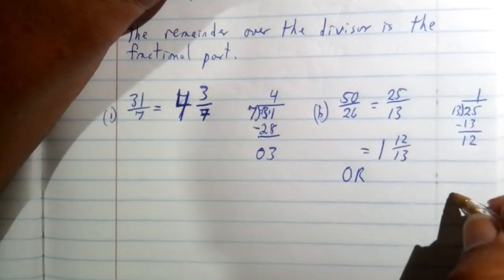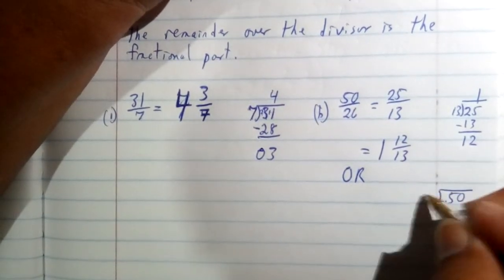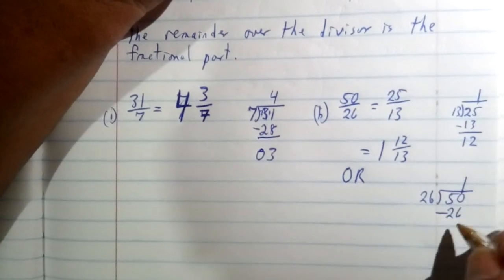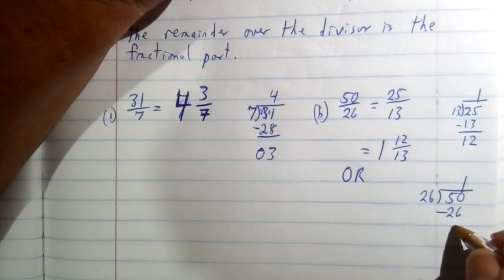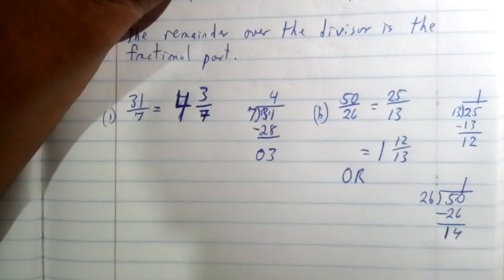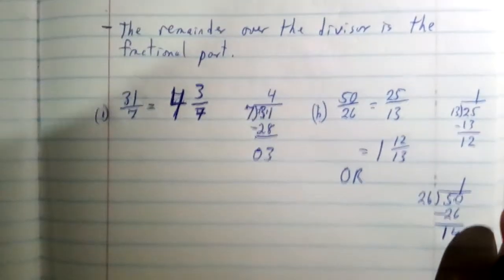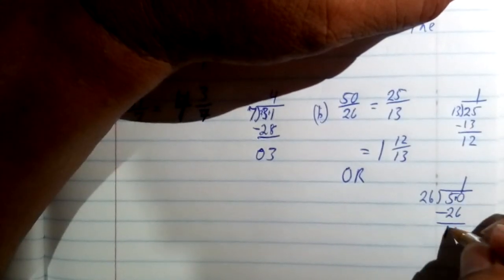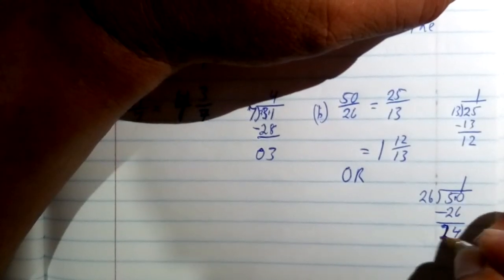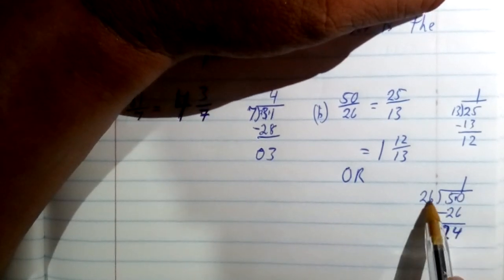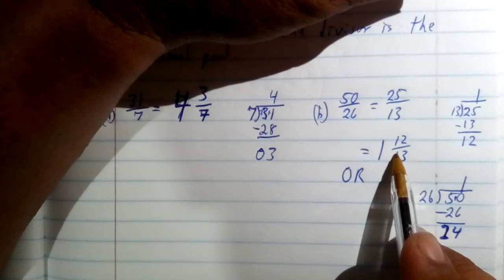If you had said 50 divided by 26, then 26 take away from 50 will give us 24. Notice here this is talking about 26. This doesn't look like 13.